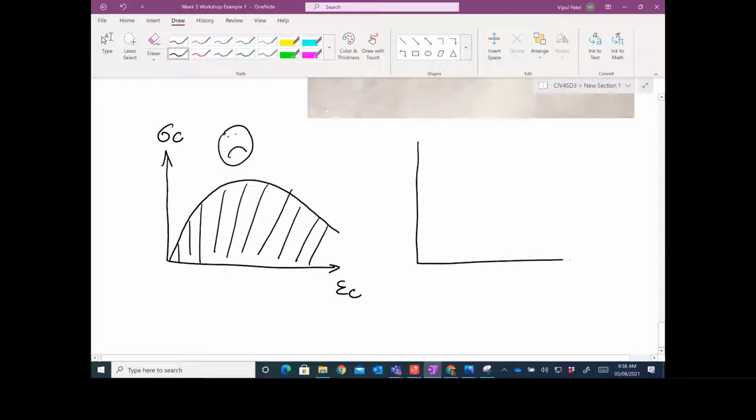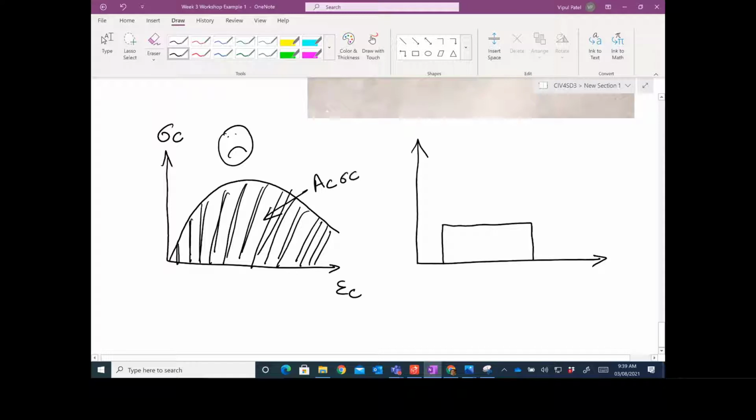So how about if this area can be represented by a rectangle? The area of that rectangle would be almost equal to the area of the concrete stress-strain curve, and I'm very happy because it is just the area of a rectangle. The standard says that's okay.